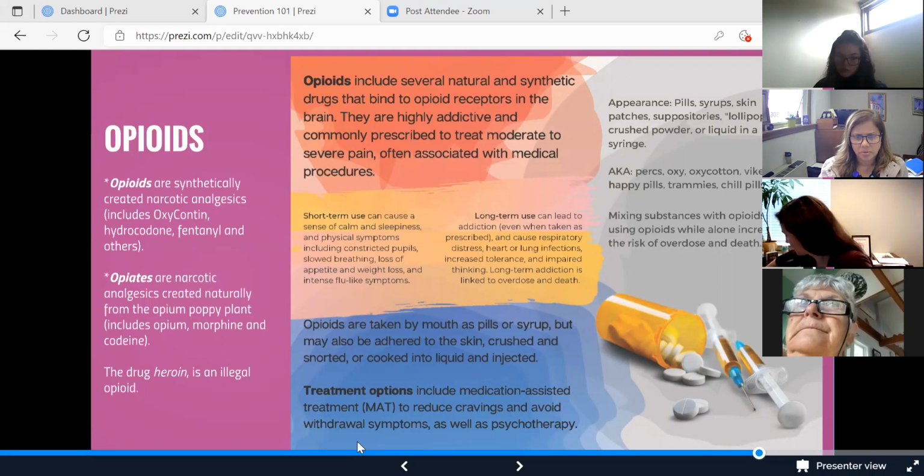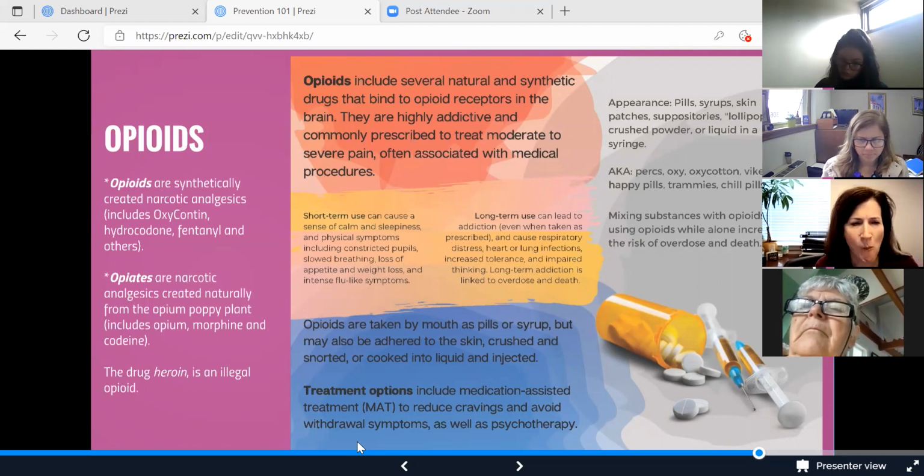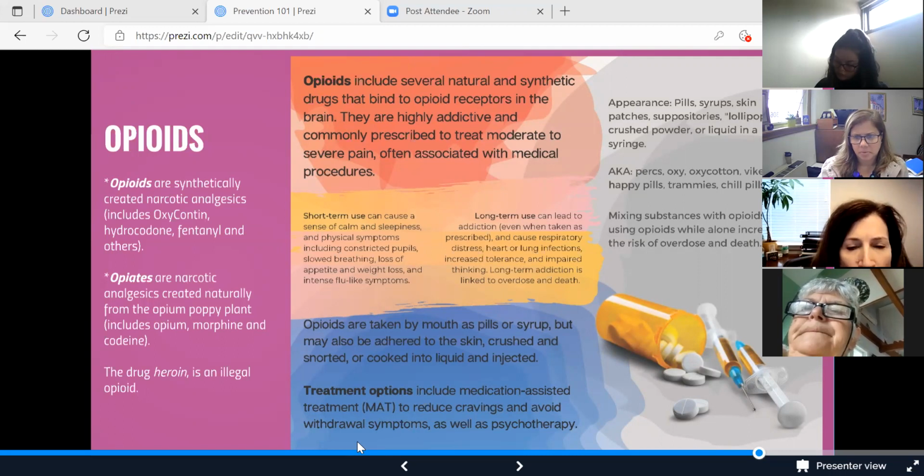Common names that you'll hear for these different opioids are things such as Percs or Percocets, Oxycontin, Vikes, Tramies, and chill pills. Treatment options are usually going to be medication-assisted treatment in order to reduce the cravings.